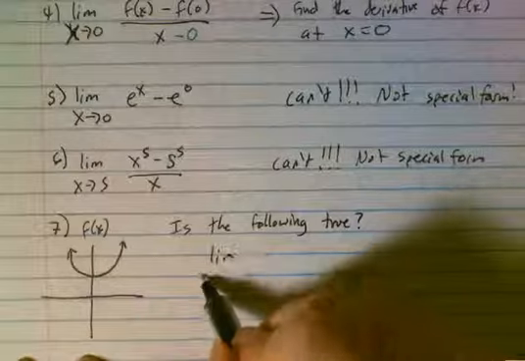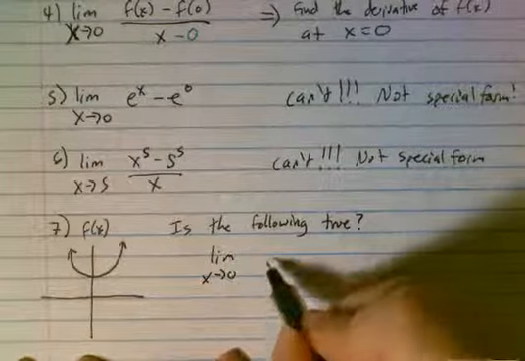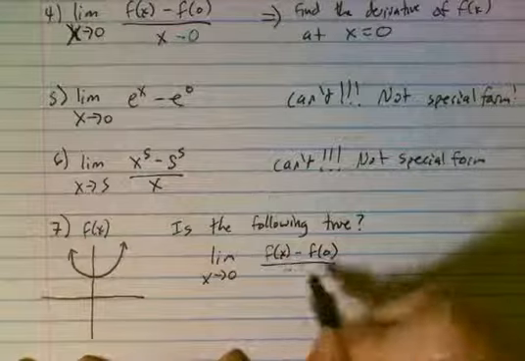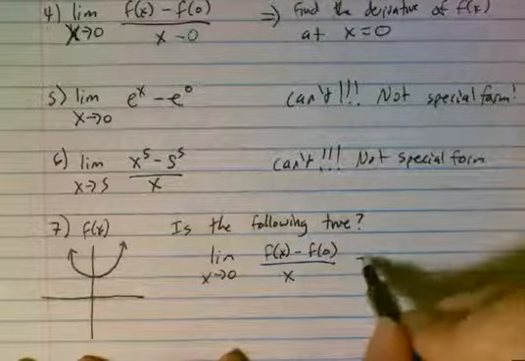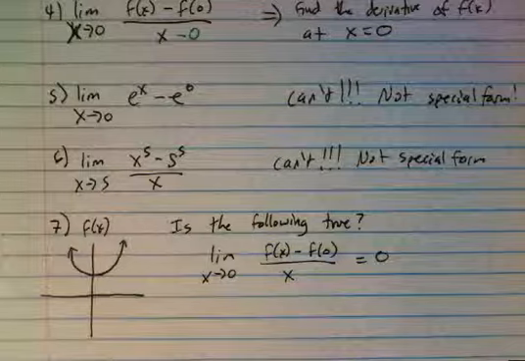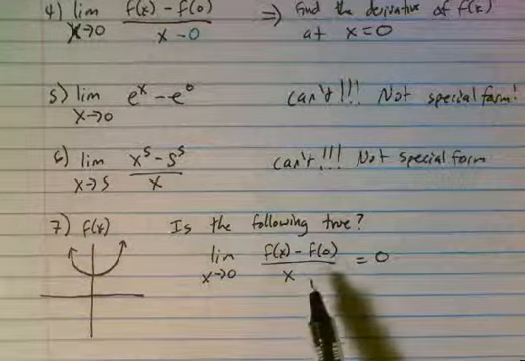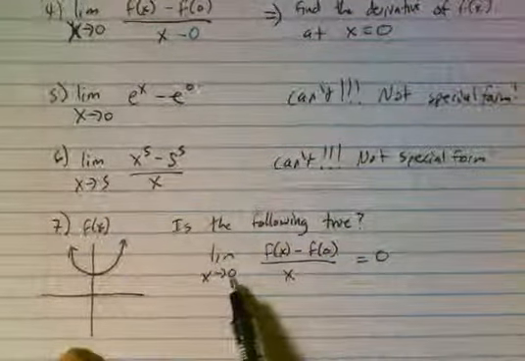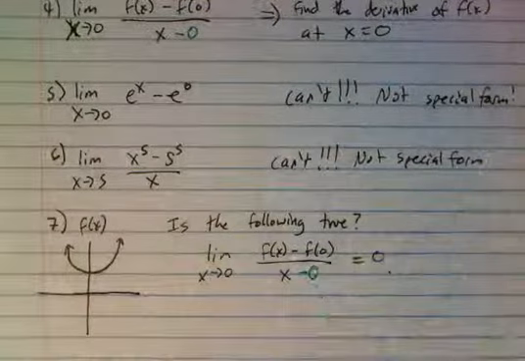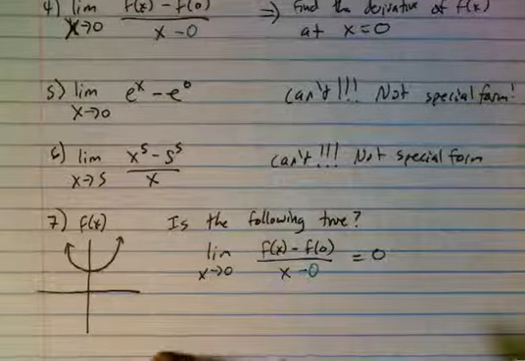The limit as x approaches 0 of f of x minus f of 0 over x equals 0. So the first thing we have to do is translate this. Notice that when we've got this 0 here, we really just have an invisible 0 here if we want. So this is that second special form that we had.